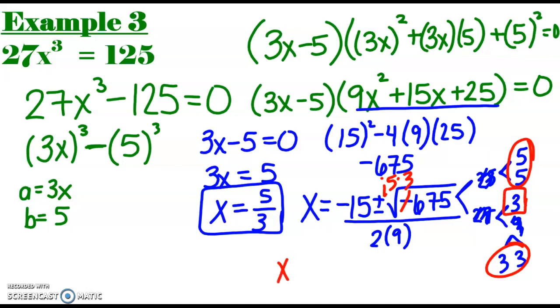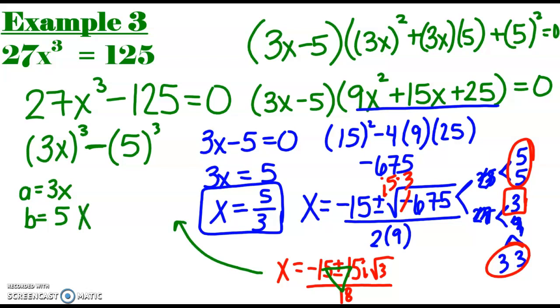So I'm looking at x equals negative 15 plus or minus, outside 3 times 5 is 15i, radical stuck inside was 3, over 2 times 9 is 18. Oh, look at your triangle. 15, 15, and 18. I can reduce that. Those are all divisible by 3.